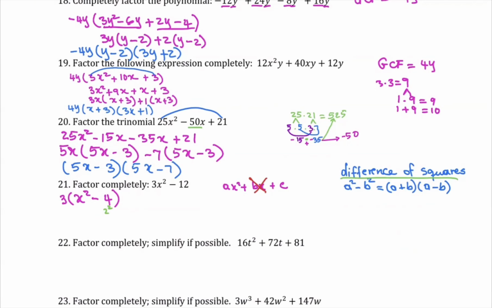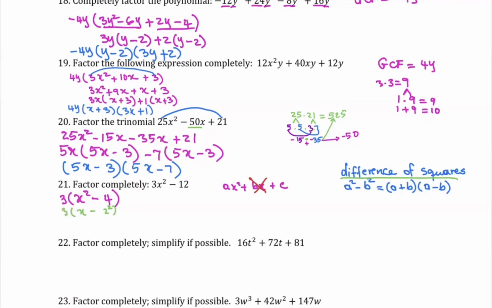So what I said here is that you can just think about dropping the exponent squares and multiplying the two things, but one of the factors will be adding the two numbers, and the other factor will be subtracting the two numbers. So drop the powers, add the numbers, and subtract them to create the two factors. In this case, you can see this as 3 times x squared minus 2 squared.